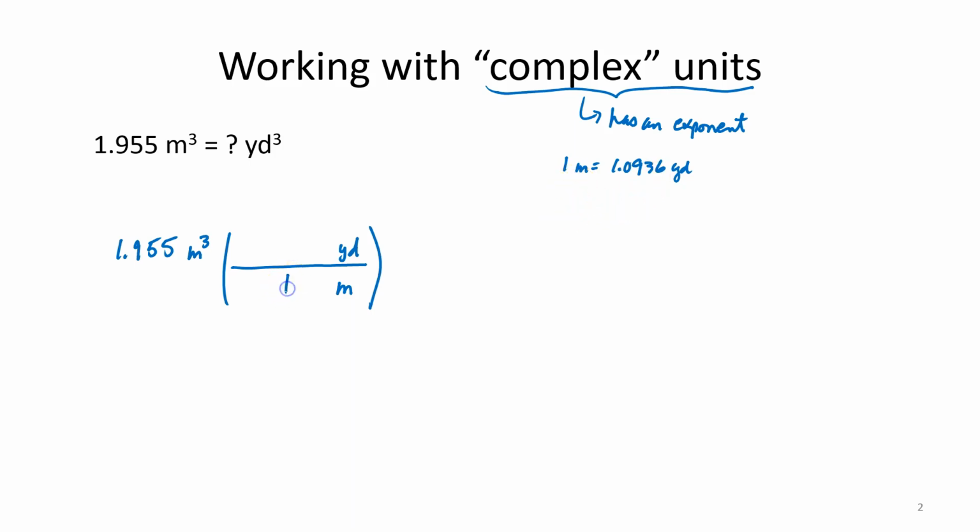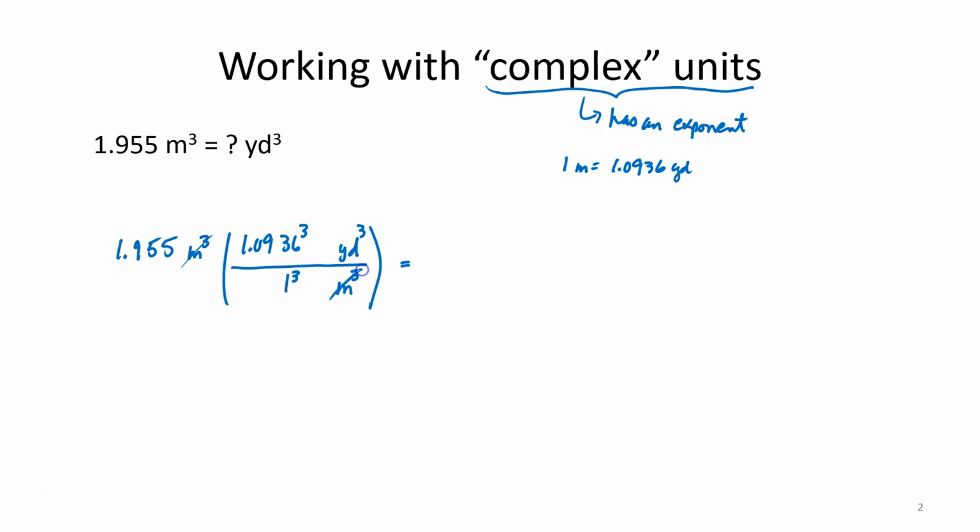For every 1 meter, there are 1.0936 yards. But I don't have a meter, I've got a cubic meter. So I'm going to cube the unit and the number downstairs, and I'm going to cube the unit and the number upstairs. And then that's it.